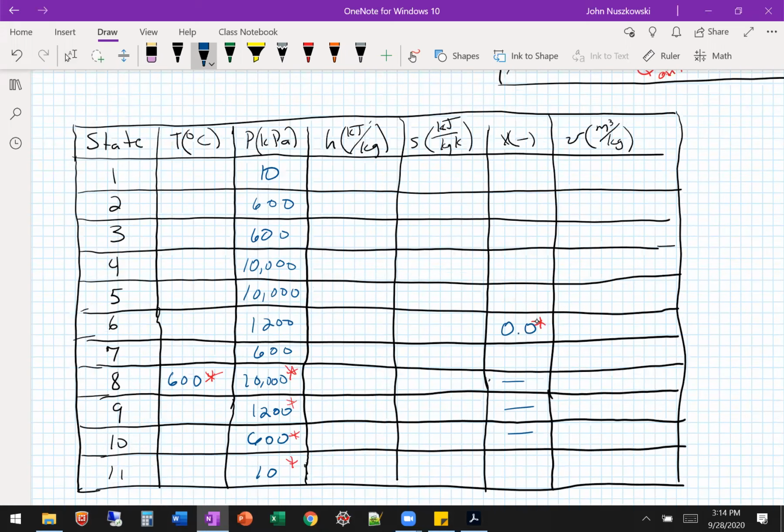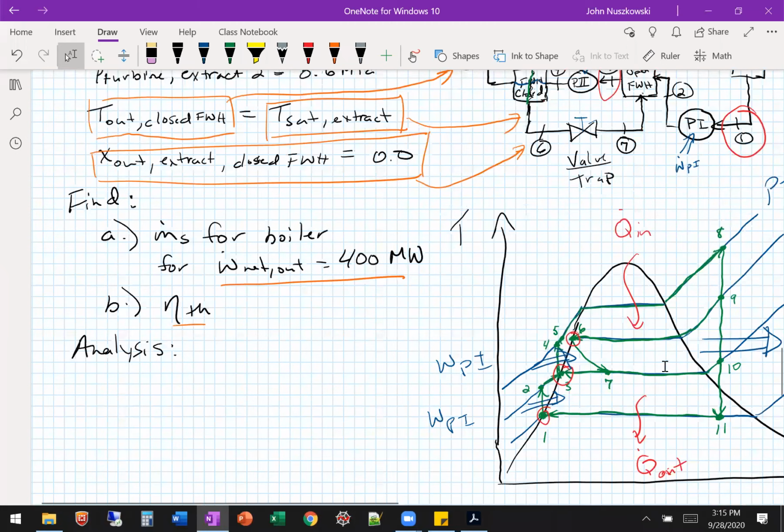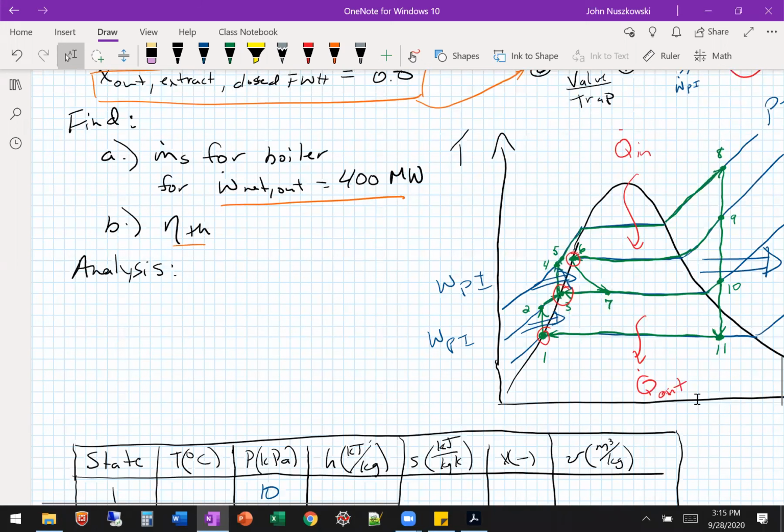So now we know we have 2 independent intensive properties for 8 because it's superheated, and 2 independent intensive properties for 6. Is there anything else on this diagram that we can fill in? The qualities at 1, 3, and 6 are all the same.